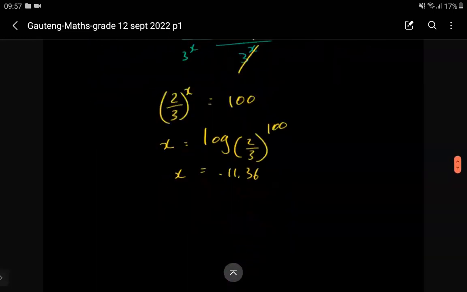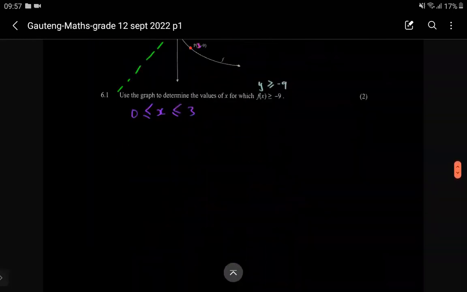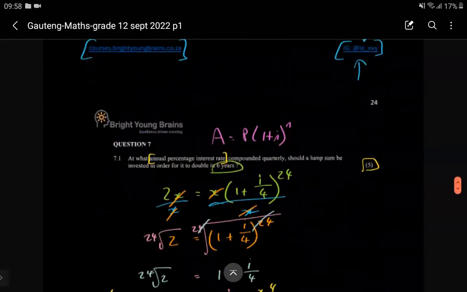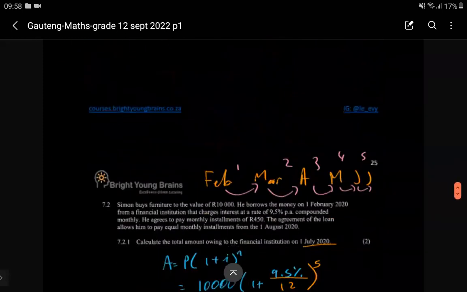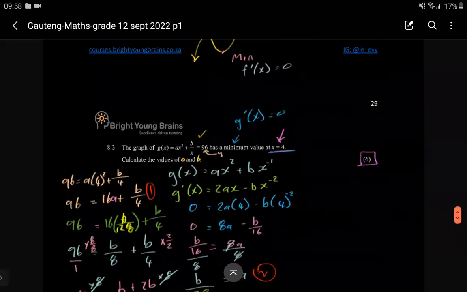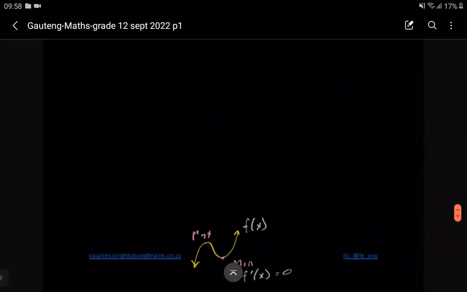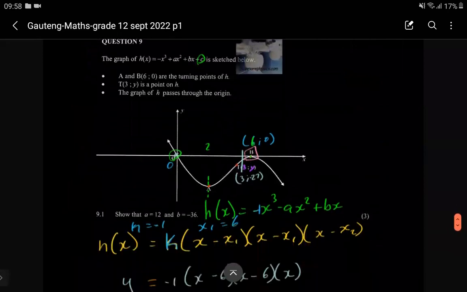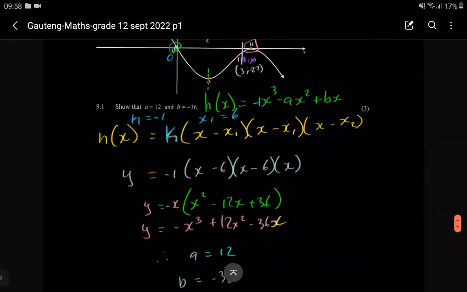Let me see. So question number 7 is just financial math also. And then question number 8 is more on calculus. Question number 9, so something like question number 9.